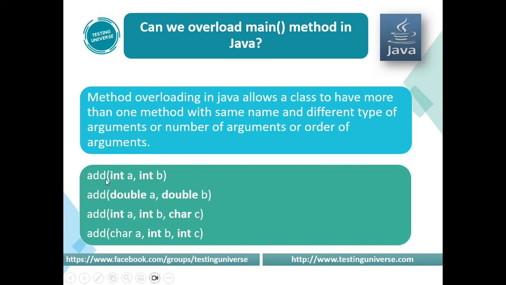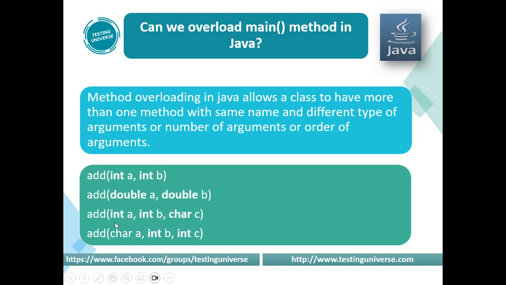If I take addition, add int a, int b, there are two arguments. Add double a, double b: you can see here the type of argument has changed, but the number of arguments is the same. So this is also an overloaded method. Here the number of arguments is more. Here int a, int b, two arguments are there.